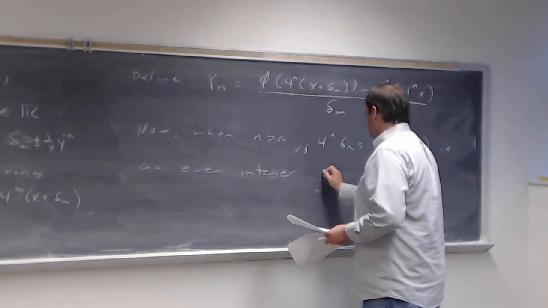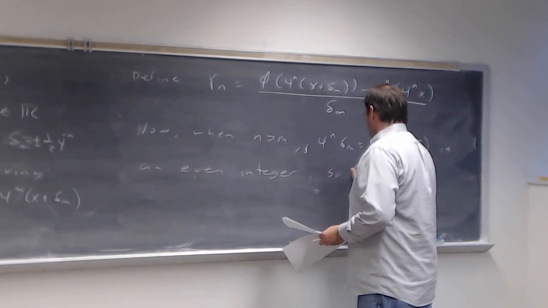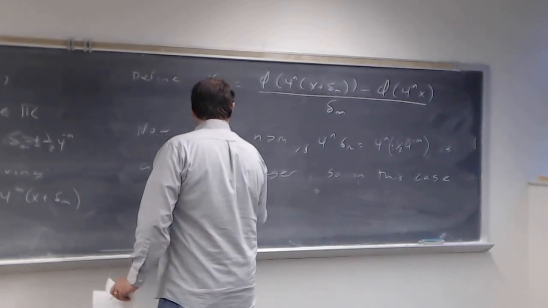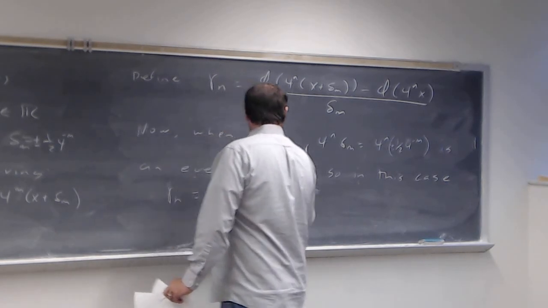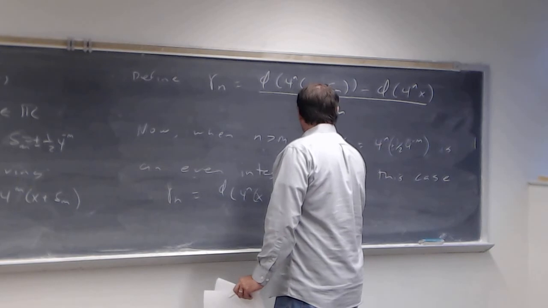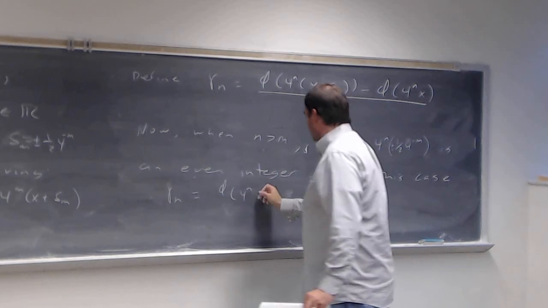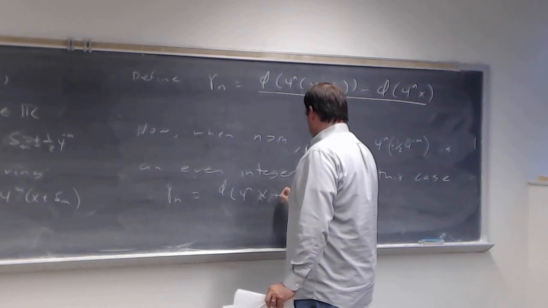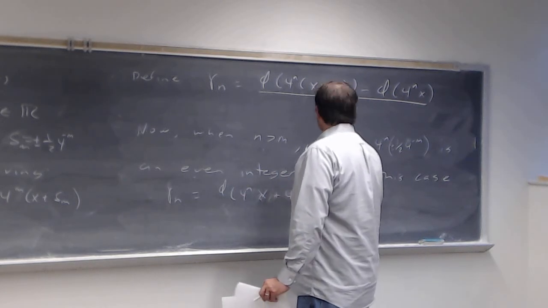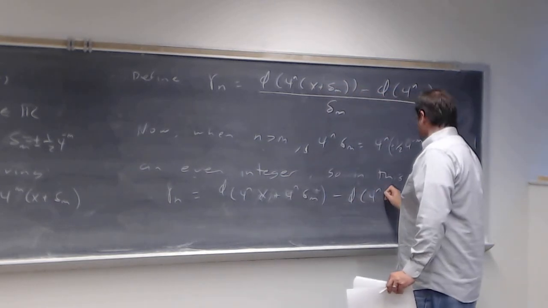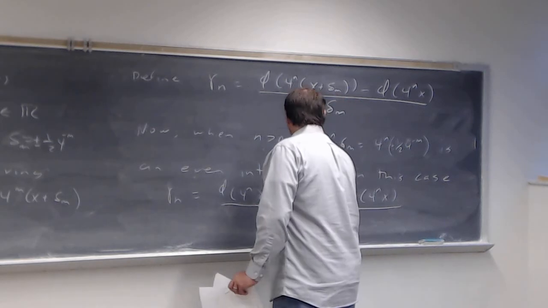And in this case, this gamma of n equals phi of 4^n x plus 4^n delta sub m, minus phi of 4^n times x, over delta sub m.